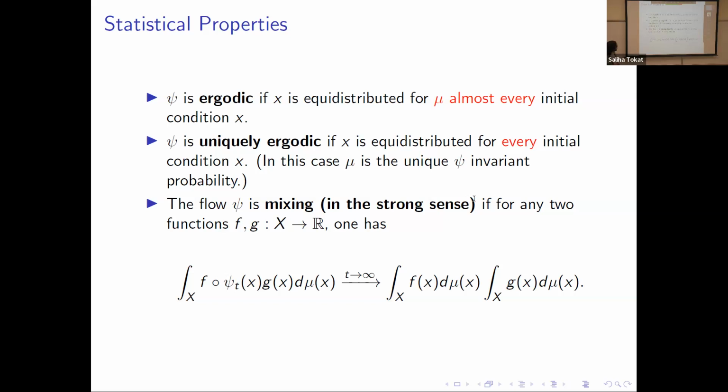And the flow psi is mixing in the strong sense if for any two functions f and g, as t goes to infinity, these limits converge to this. There is a multiplication here, f times g, where f takes a trajectory, and the limit is a product of two different integrals, f d mu and g d mu.